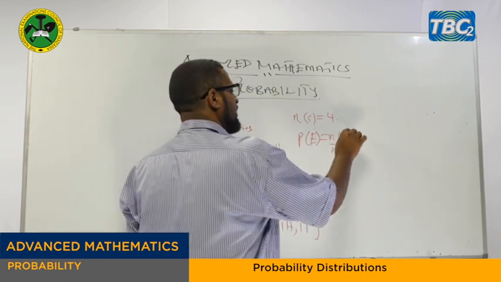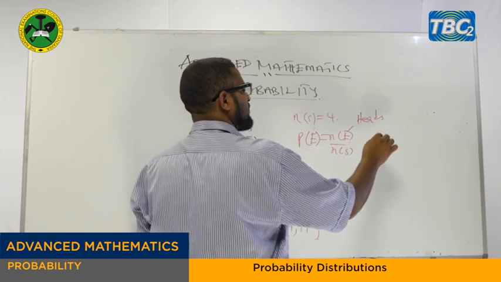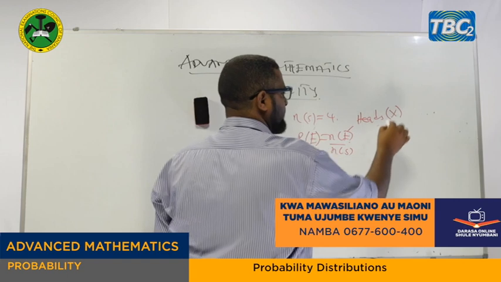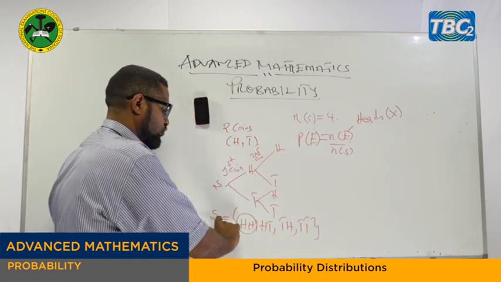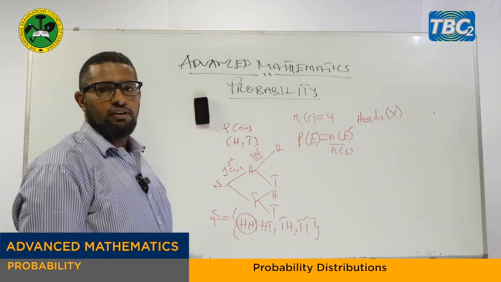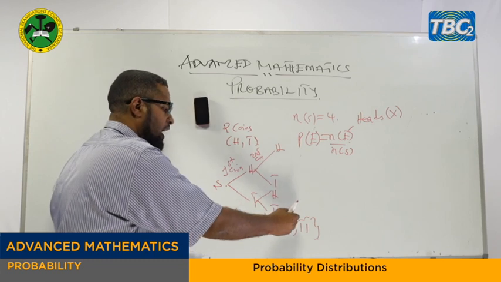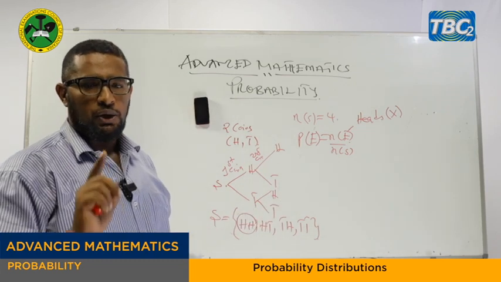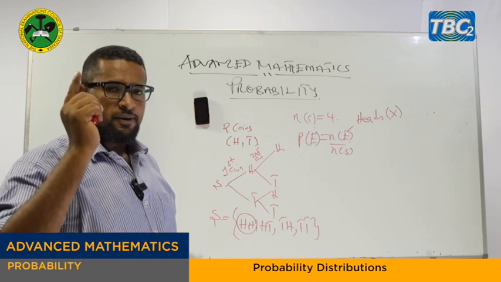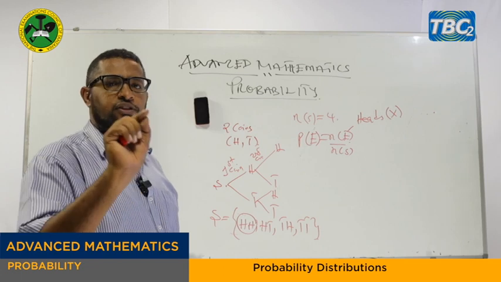Remember, our event here is the number of heads, which Mr. Innocent denoted by using variable x. If you go back to your sample space, you'll see that there is an outcome that does not contain any h. Okay, now in your head it has clicked that there is a place with no head, it means 0.